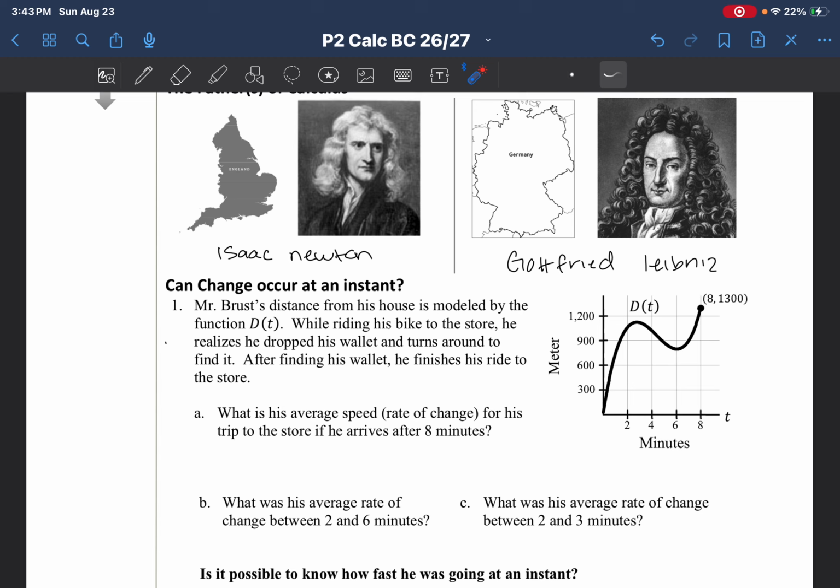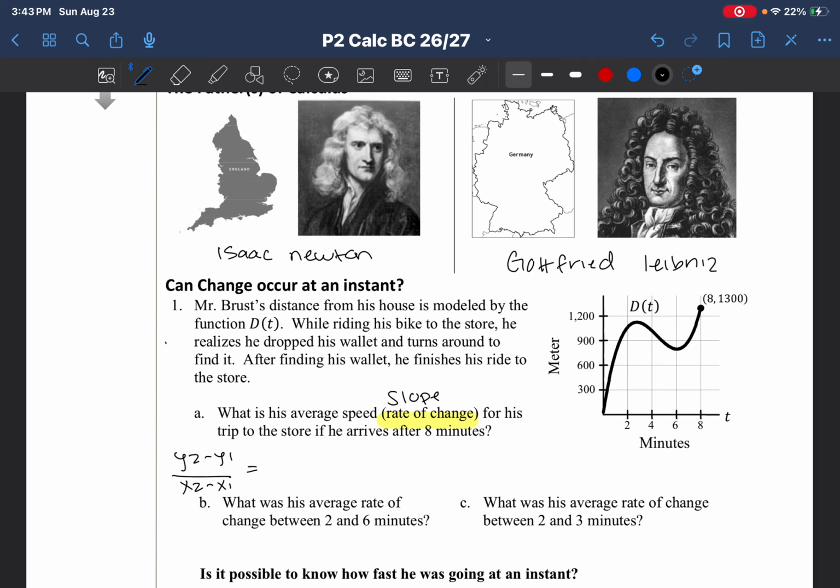Okay, so it says, what is his average speed or rate of change for his trip to the store if he arrives after 8 minutes? So remember, rate of change is referring to slope. And we know that the slope formula is y2 minus y1 over x2 minus x1.